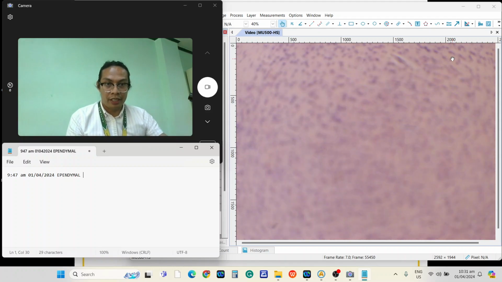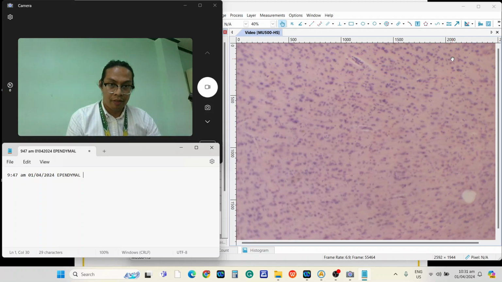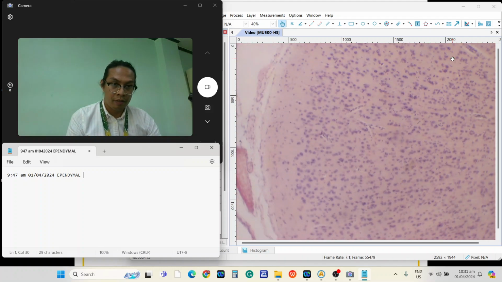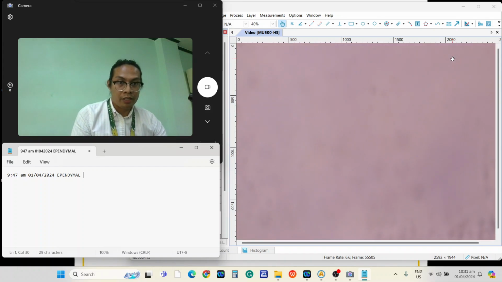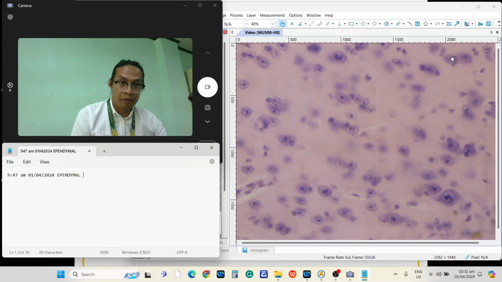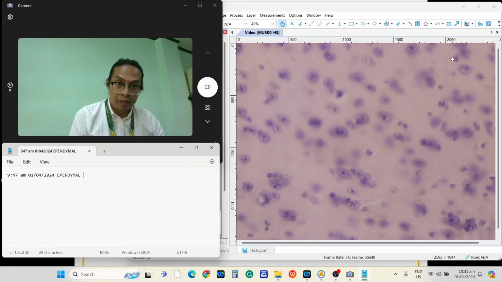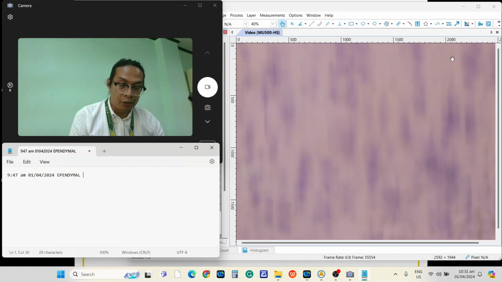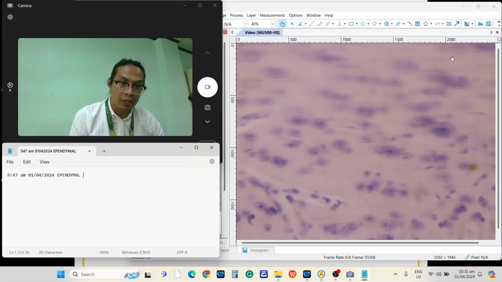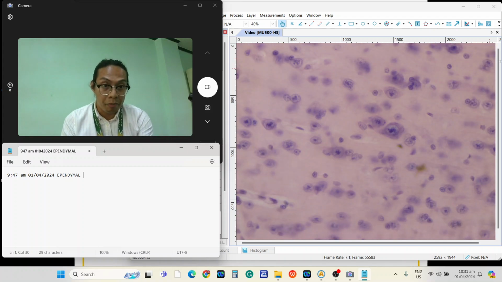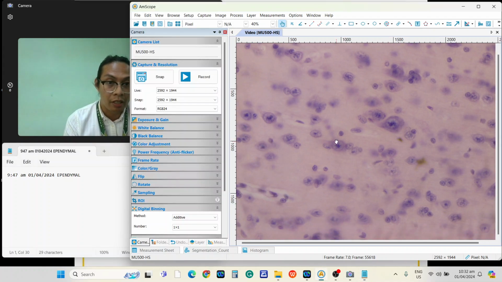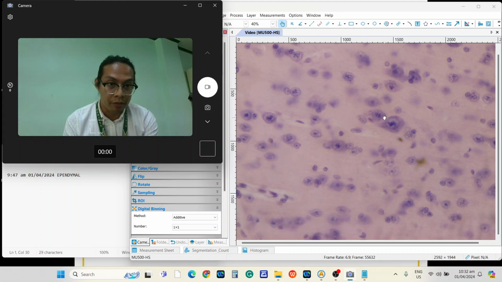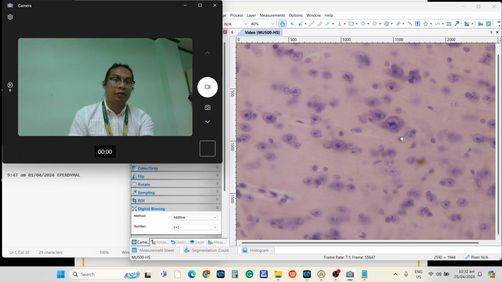Ito na ang targetin natin. And the outer pyramidal cell layer, granular layer pa yan. This is a pyramidal cell. Mas malaki siya kumpara sa mga ito. So that is a pyramidal cell.